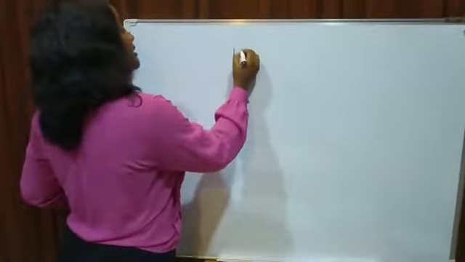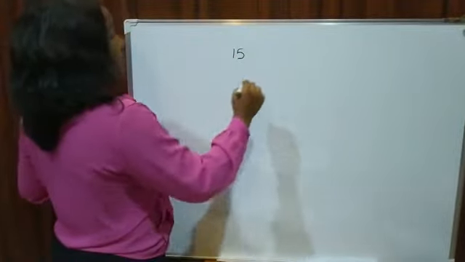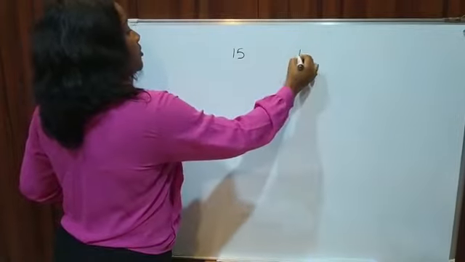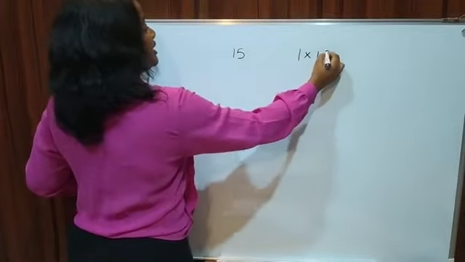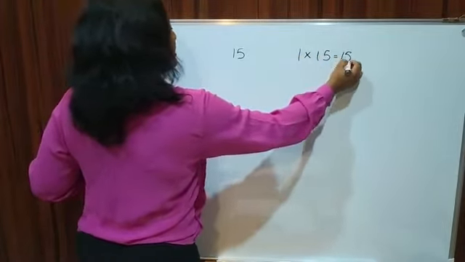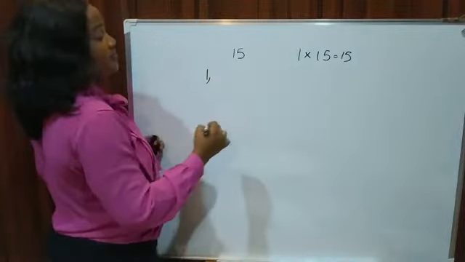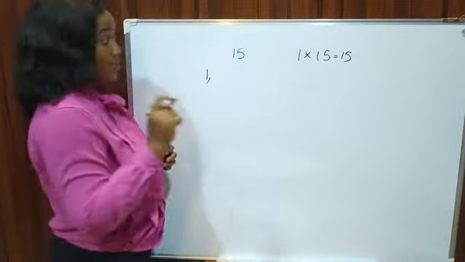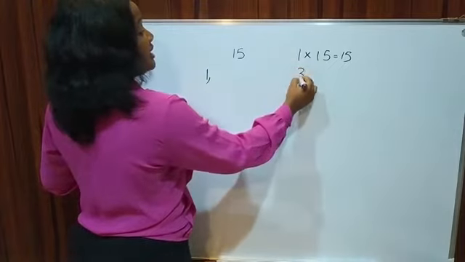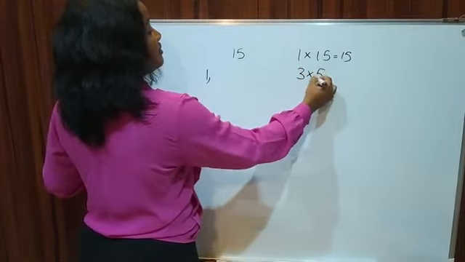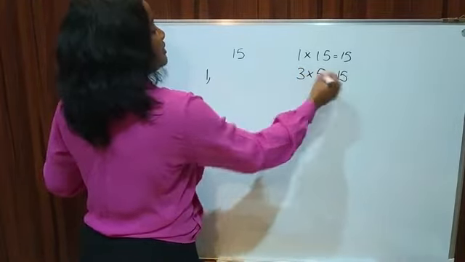So let's find the factors of 15. Okay? We have 1 times 15 equals 15. So we have 1. 2 can't go. We have 3 times 5 equals 15.